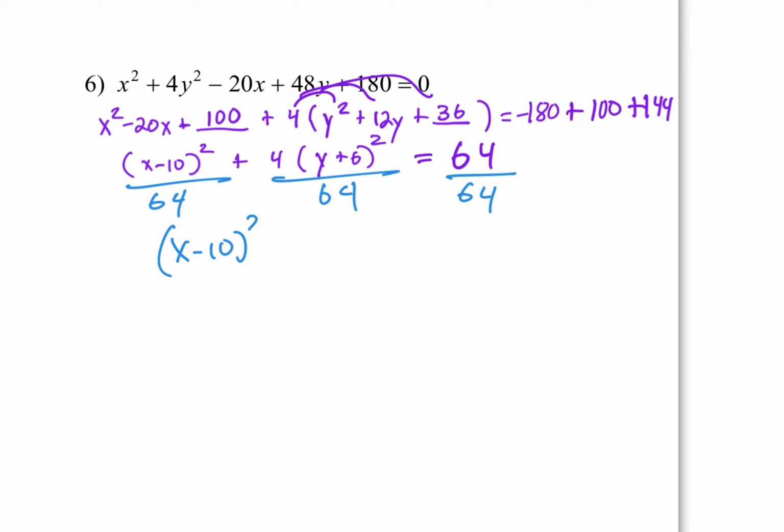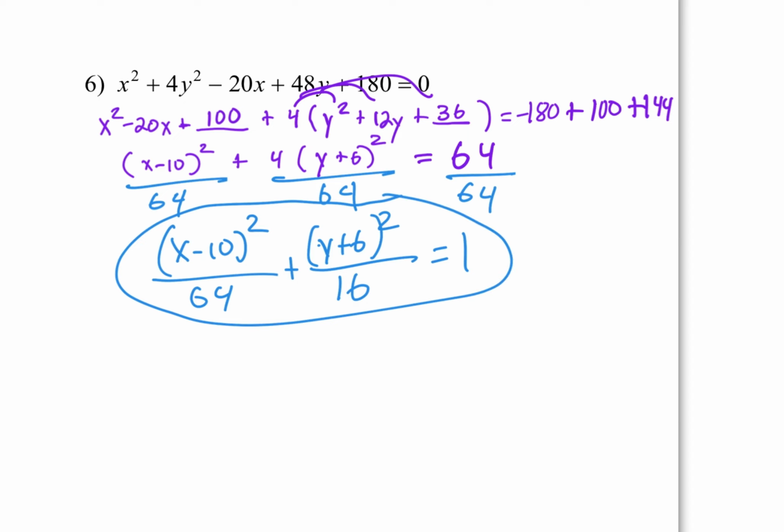So that's x minus 10 squared over 64 plus y plus 6 squared over 16 equals 1. And that's your answer.